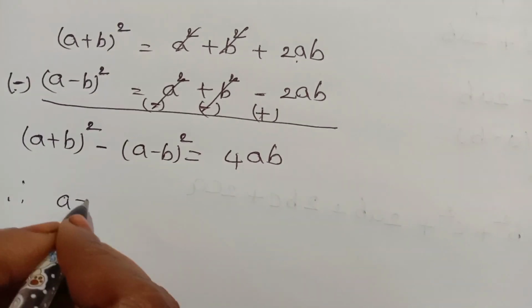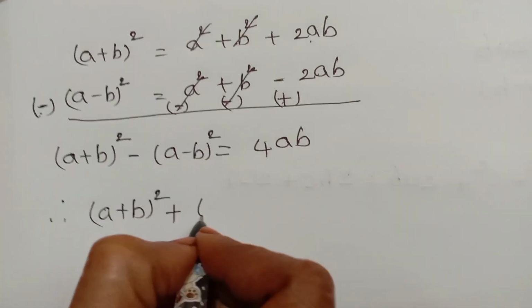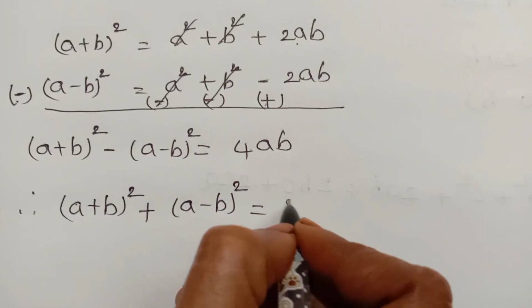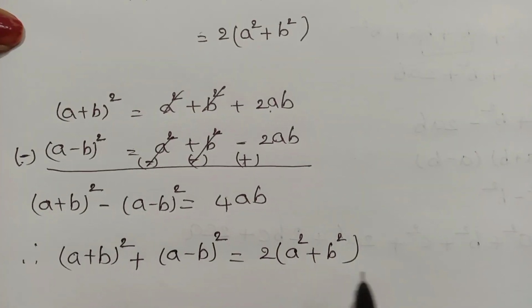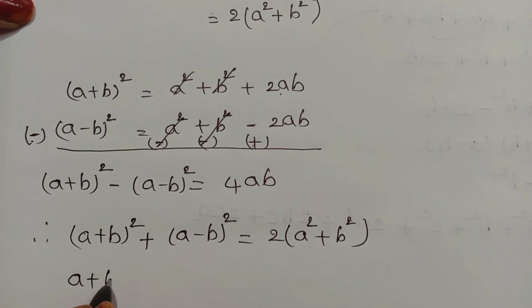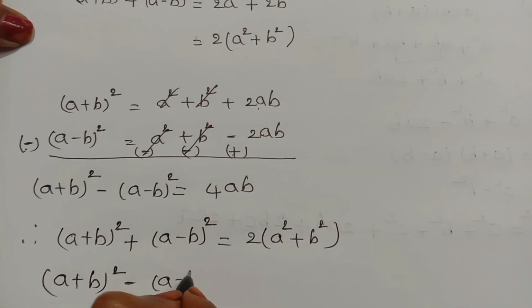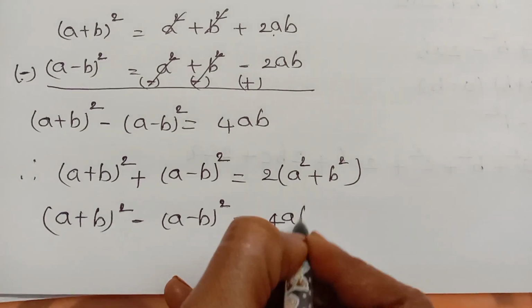Therefore (a + b) whole square plus (a - b) whole square is equal to 2 of (a square plus b square). (a + b) whole square minus (a - b) whole square is equal to 4ab.